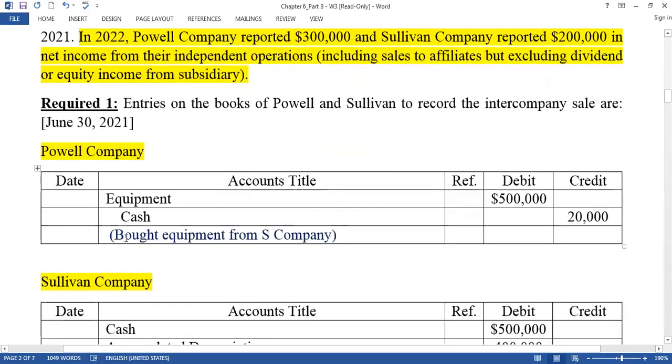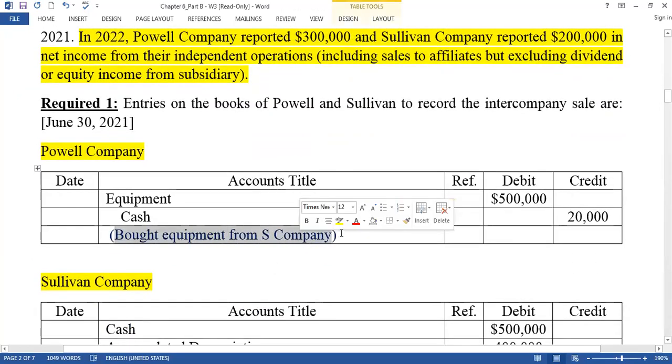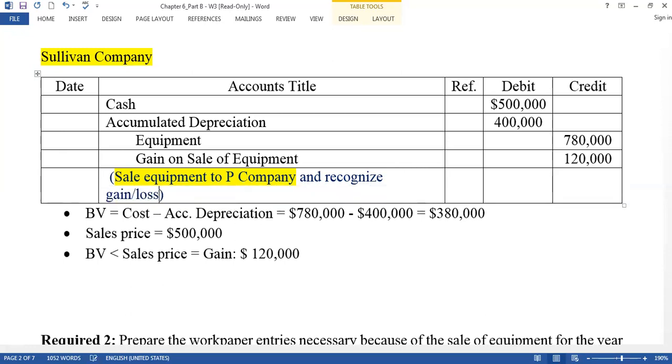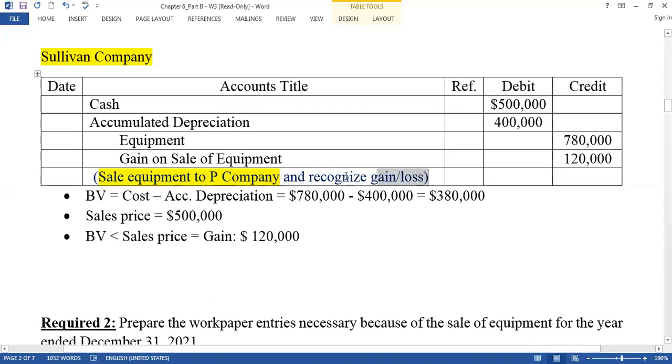So parent company bought equipment from subsidiary, and subsidiary sold equipment to parent, and recognized gain or loss. So this happened on the first date.